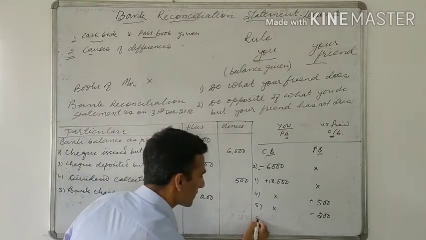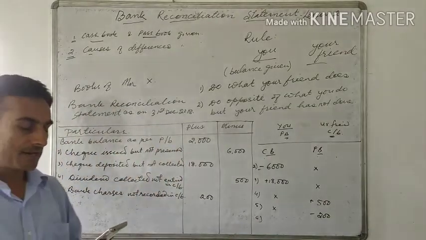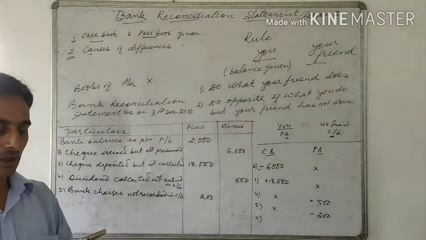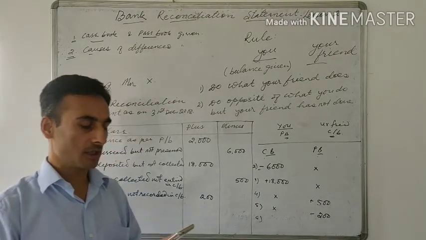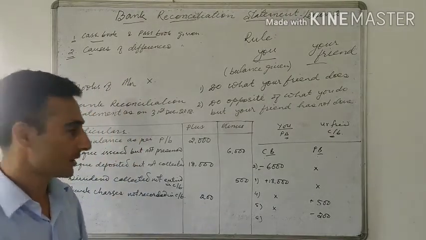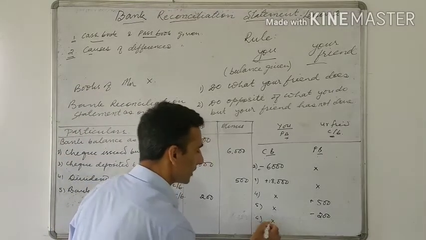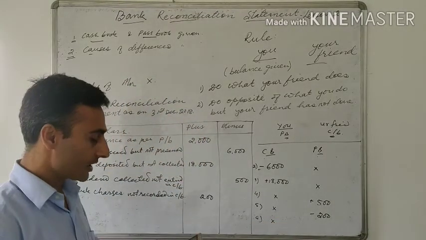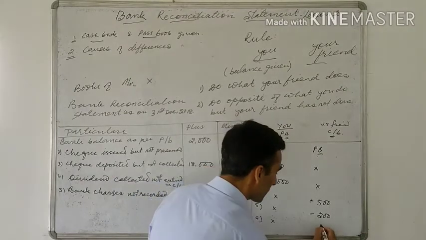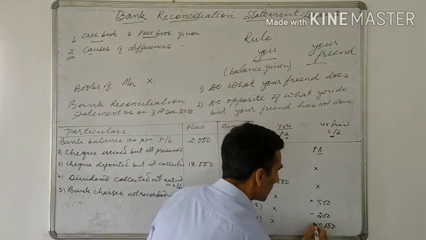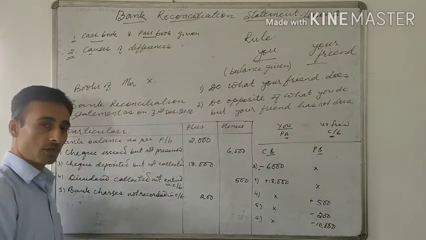Last one, number 6: a bank draft issued by the bank on the request of Mr. X has not been entered in the cash book, rupees 10,000. That means it is entered in the passbook. It is a bank draft issued. Issued means payment, minus 10,000.